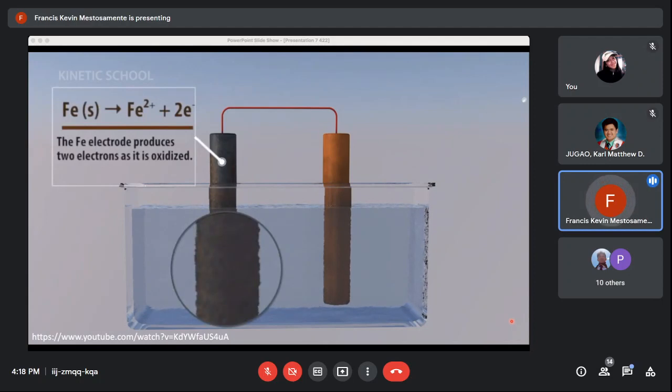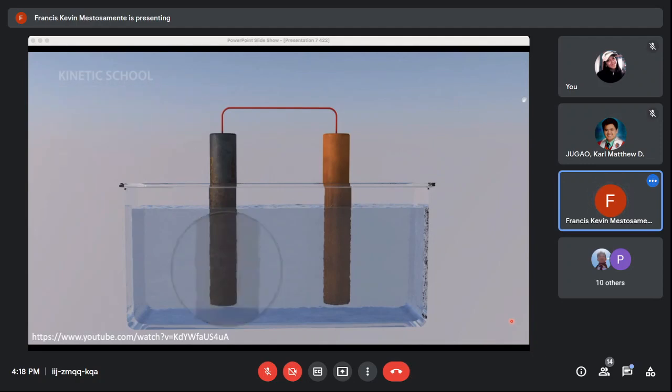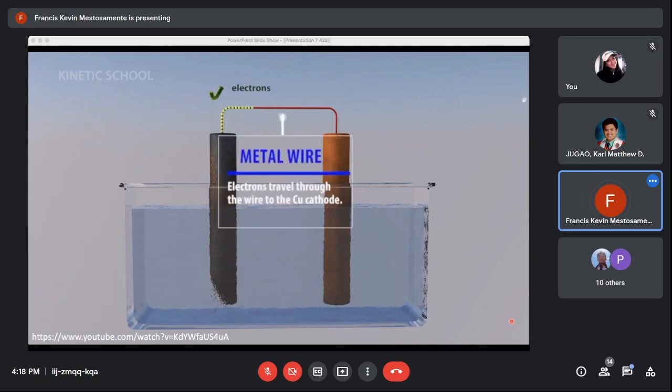The iron electrode produces 2 electrons as it is oxidized. Electrons travel through the wire to the copper cathode.